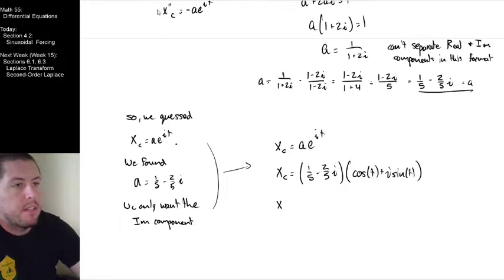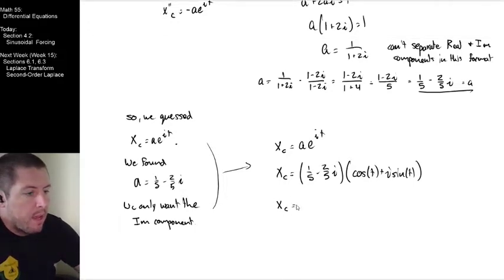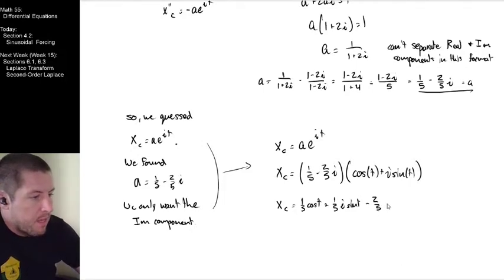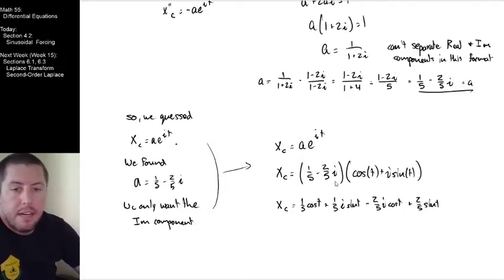I want to write my particular solution so bad, I'm still one line away. So I'm going to get 1/5 cosine of t plus 1/5 i sine of t minus 2/5 i cosine t plus 2/5 sine t. And notice importantly that this negative 2/5 i times positive i sine t gave me a positive 2/5 sine t, because i times i was i squared, to give me negative 1 to cancel with that negative there.